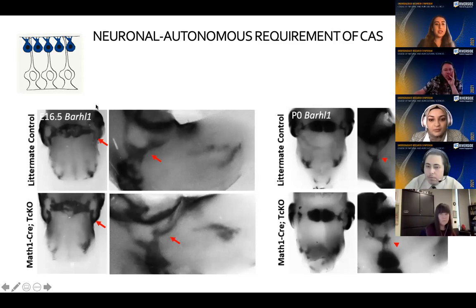And we saw at E16.5, and also P0, that the pontine neuron formation was pretty similar to the littermate control. There was no dramatic difference, and it seemed pretty similar with no error. So therefore, we figured out that there was a lack of neuronal autonomous phenotype. So we decided to investigate the function in the radial glia and the surrounding glia.